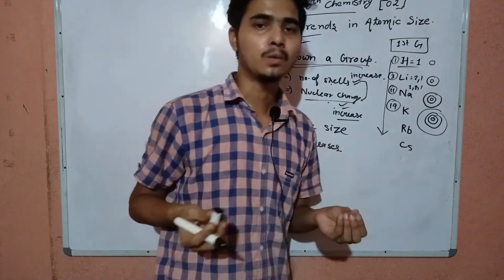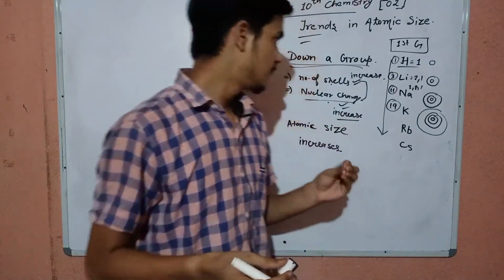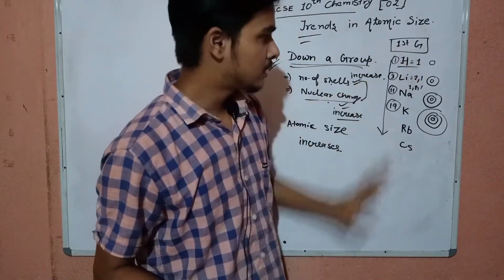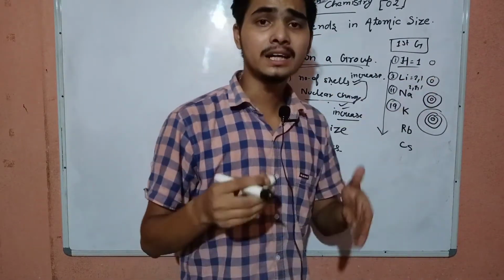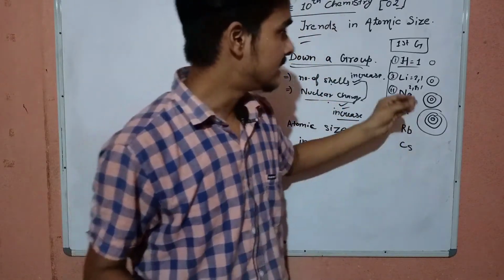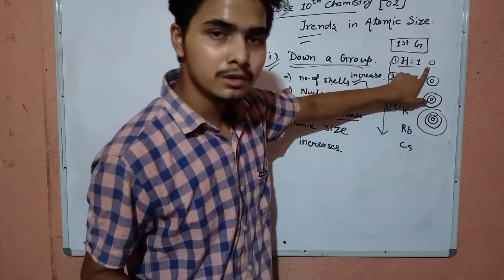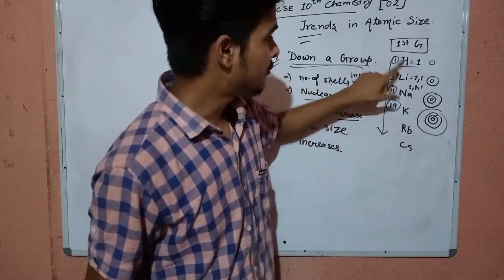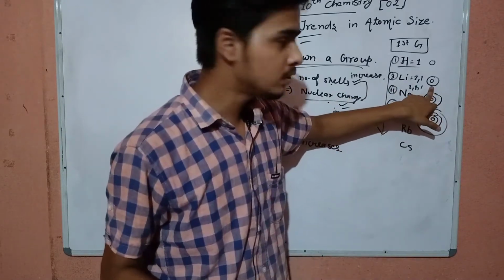Now you will see how it happens. When we are going down a group, the number of shells is getting increased, but the most important thing is that it is getting increased rapidly. How rapidly? Hydrogen has one shell. Lithium has 2 shells.